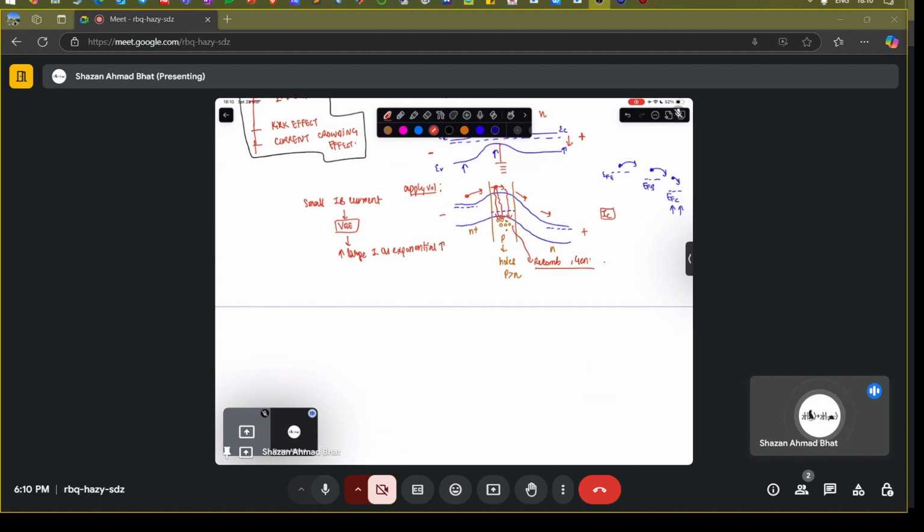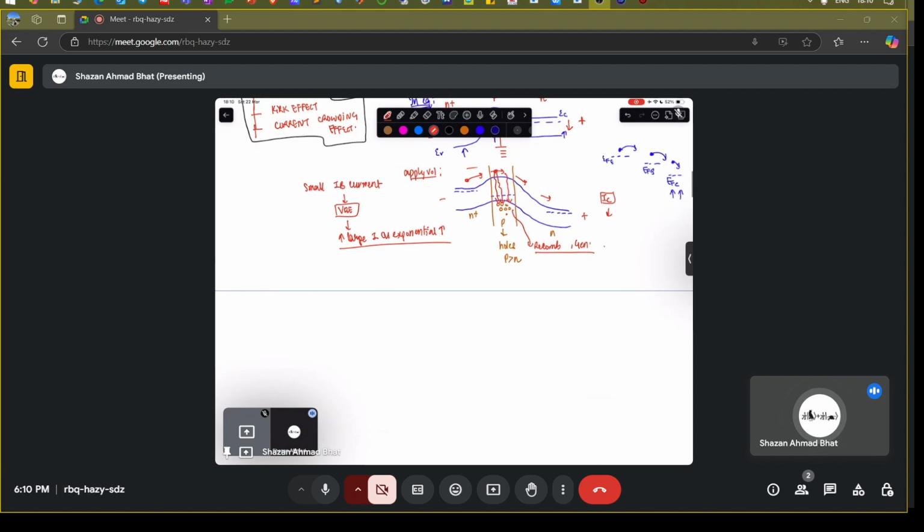So that is how the current basically increases. You have a small base current that triggers the VBE, and it increases the collector current to an appreciable value. If you have electron going in this direction, you will have the emitter current flowing in this direction, the collector current flowing in this direction, and the base current flowing in this direction.